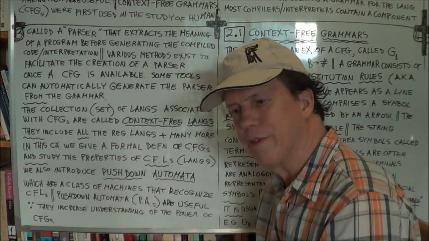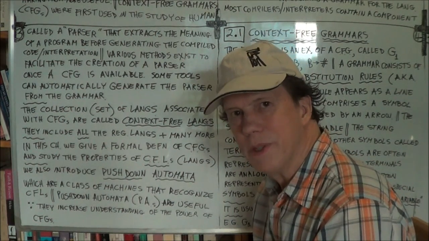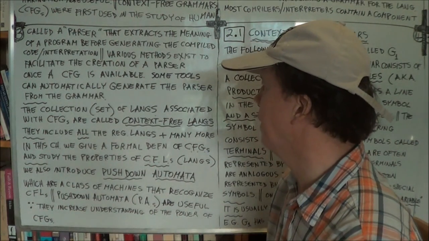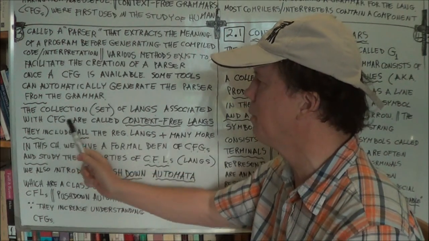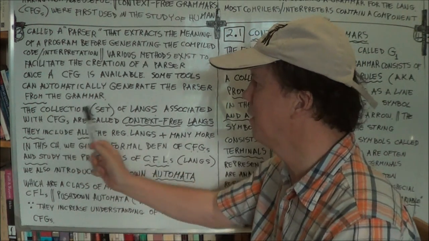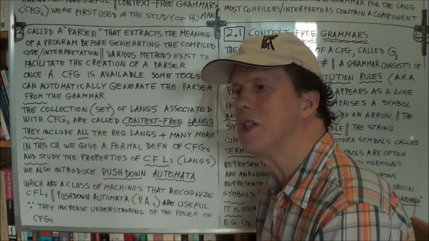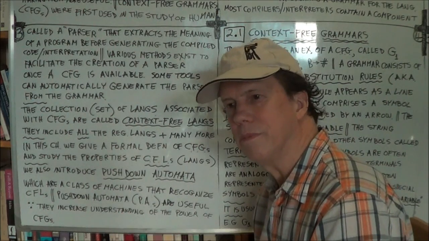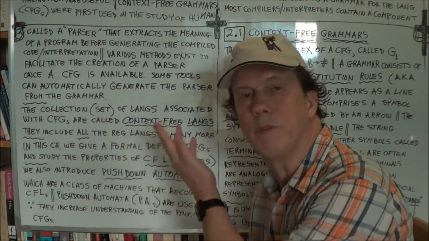Now, there's a family, a set, of languages that are recognized by context-free grammars, CFGs. Now remember, that'll be a broader, more comprehensive range of languages than the old regular languages from chapter 1.